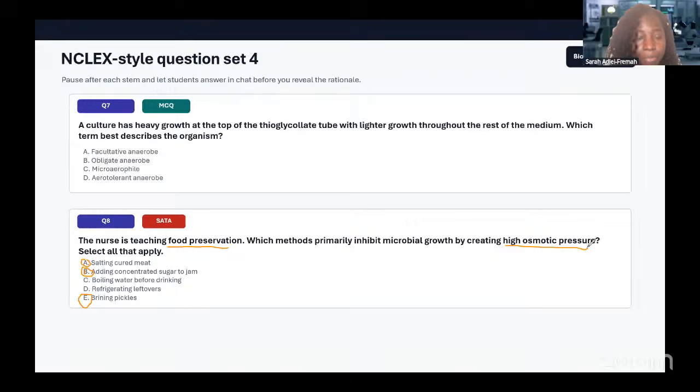And this is a very practical application of how microbes grow and how we can use that in understanding clinical application or in food microbiology or food science and even in food preservation. Because in this case, we can use salts. In this case, you can use a concentrated sugar because it's also a high solute solution. And then brine, which has a high salt concentration, can also be used.